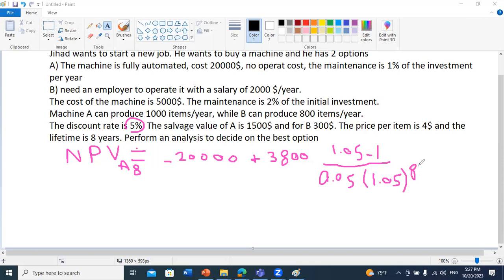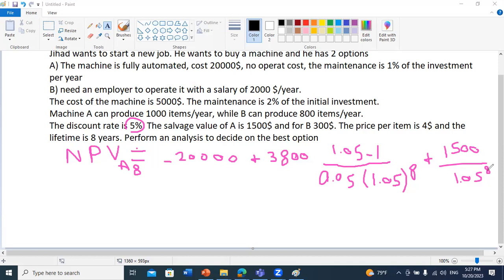This formula will be given to you in the exam. You don't have to remember the summation. And plus the salvage value, which is 1,500, over 1.05 to the power 8. If we calculate this term, we'll obtain the net present value for option A.